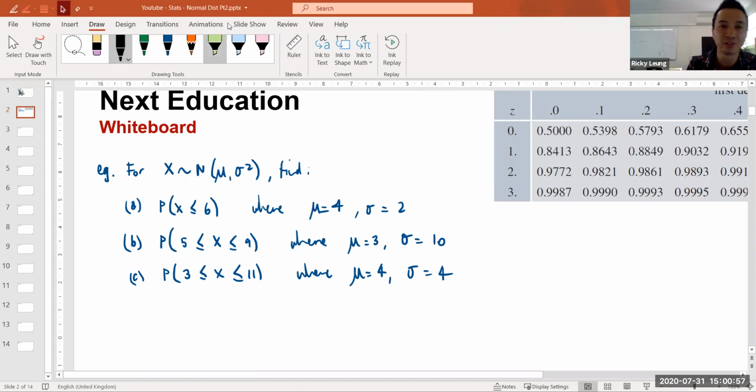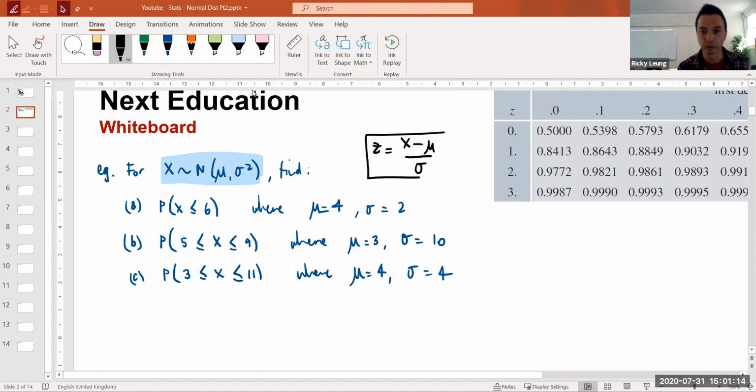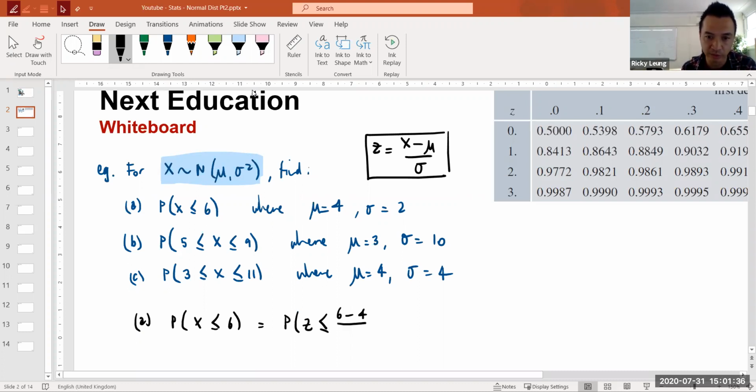So for the first one, you can see in the question that it is not standard. So I've got to convert it using the formula I did before. So Z equals X minus mu on sigma. I'm going to use this formula to convert each one of these normal variables into standard normal. So part A, where I want X less than or equal to 6, to convert that into Z, or standard normal, I'm going to take whatever X value I wanted, minus mu, and divide by sigma.